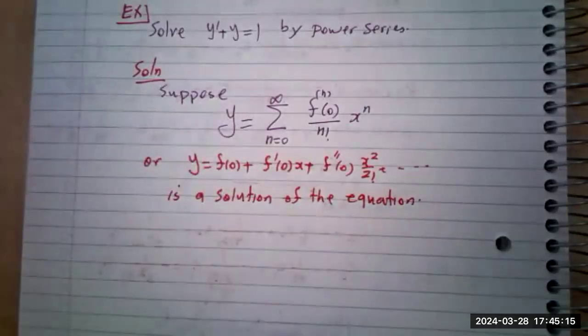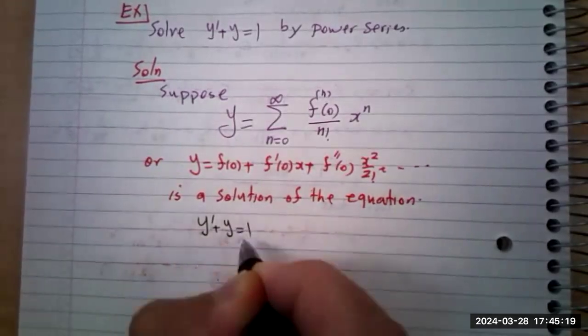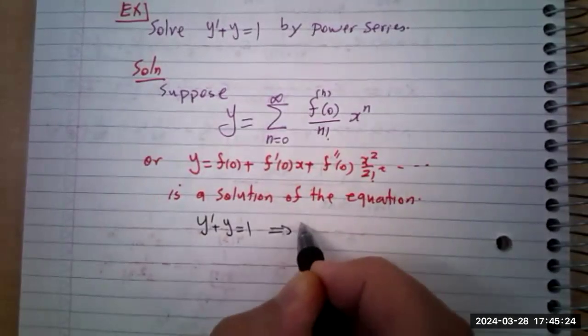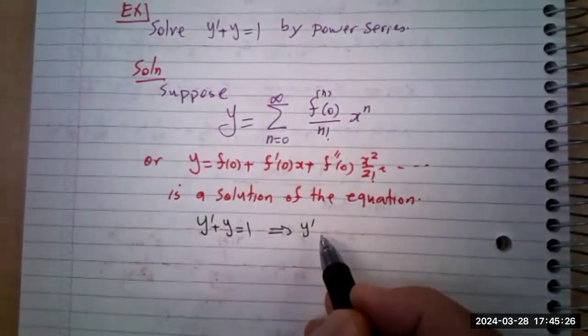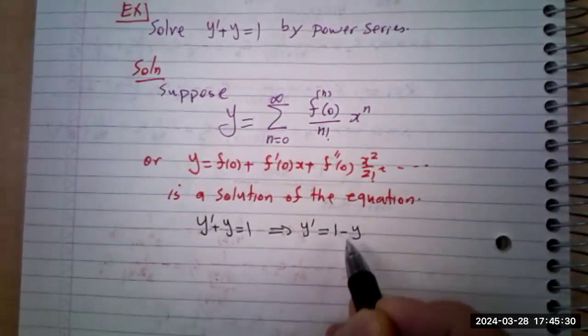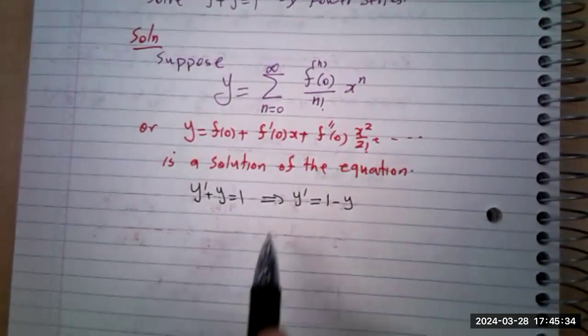So what we do: the equation is y prime plus y equal to 1. Solve for y prime, so y prime equals 1 minus y. Evaluate it at 0.